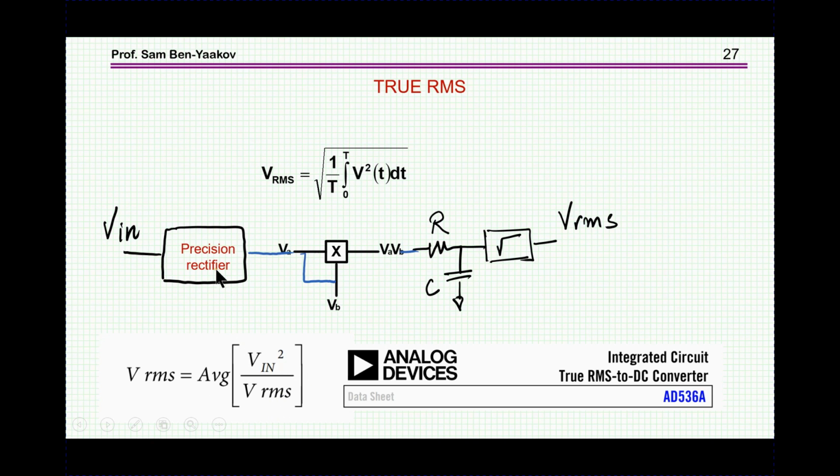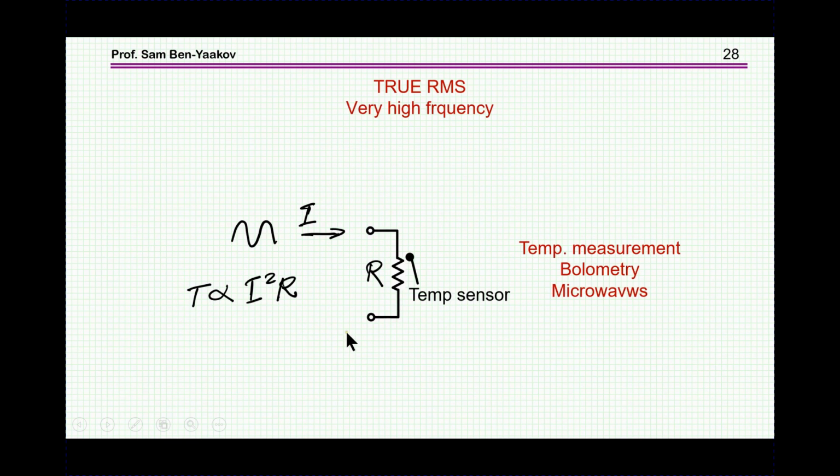Usually you like to have a precision rectifier in order to get positive voltages, rather than to deal with positive and negative voltage, which you can also do in principle, but having a precision rectifier at the front will simplify it.